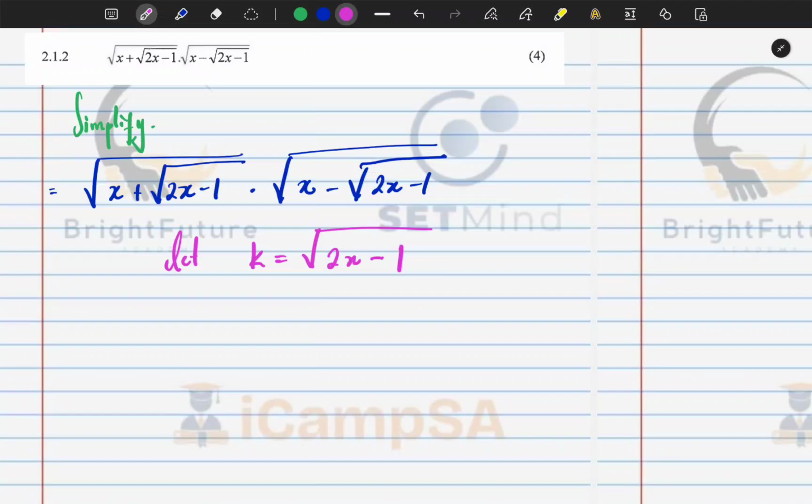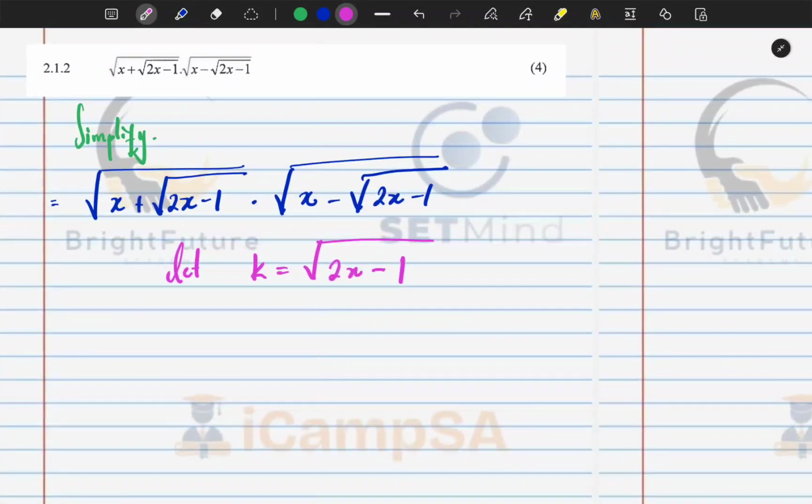So I have the root of 2x minus 1. If I want to write this in its simplest form, if I want to convert it and make it an exponent, remember we want to change it from a surd form to an exponential form.